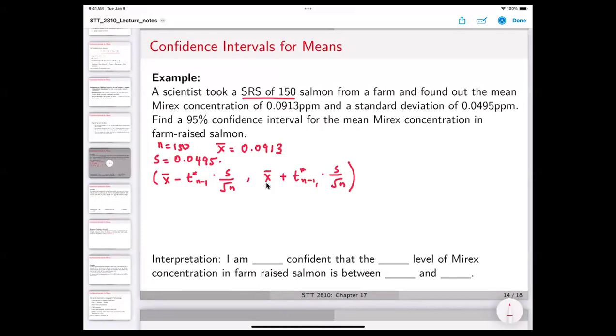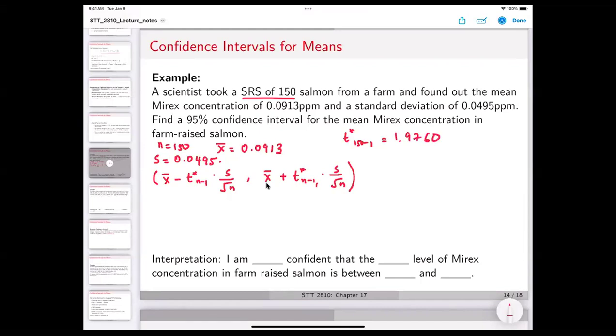So tell me what t star is, our n here is what? 150 minus 1. What is the critical value? So open your StatCrunch and tell me so we can move fast. 1.9760.